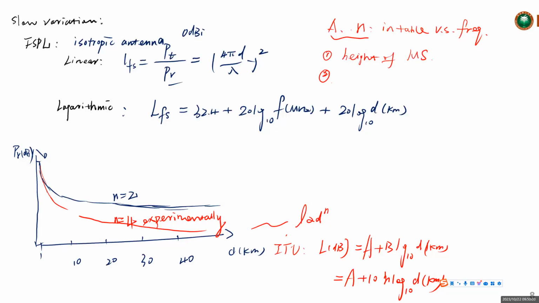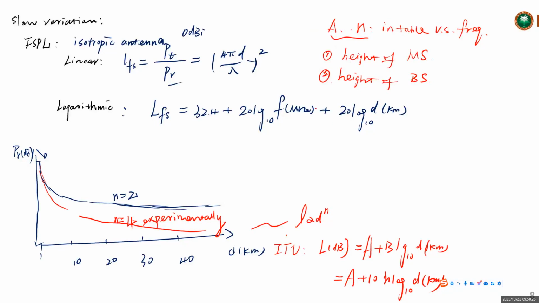Second is the height of the base station, right? The height determines whether the base station or the mobile station is very high with no blockages and no multiple other components, in which case the values for A and N should also be changed, all right?